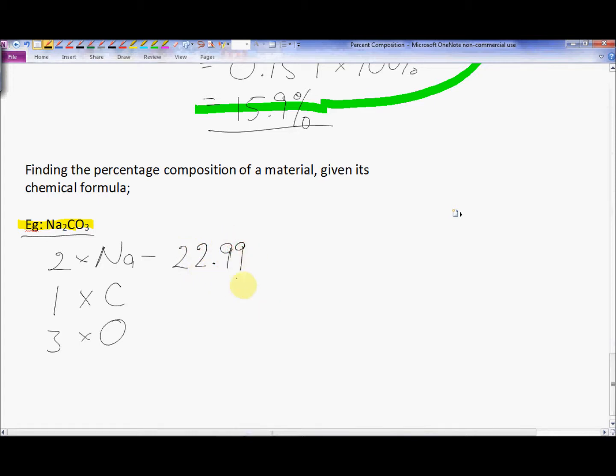Carbon, its elemental molar mass is 12.01 grams per mole. Okay, and oxygen is 16.